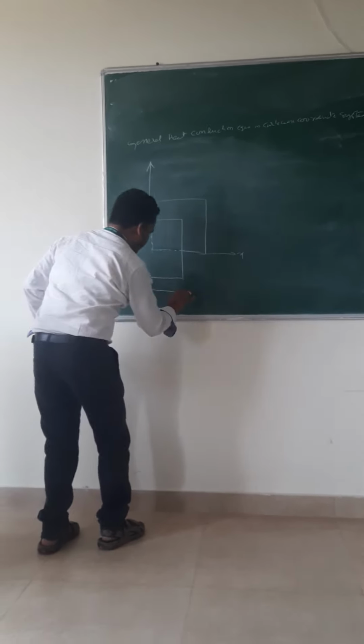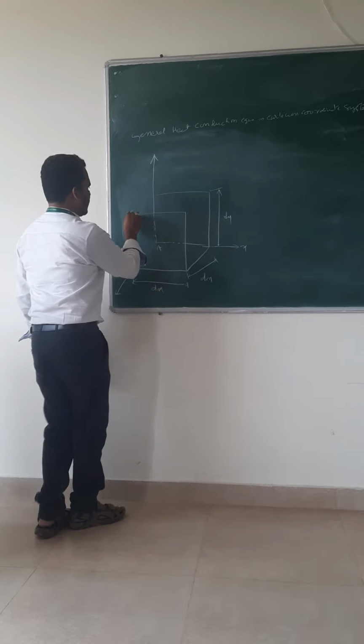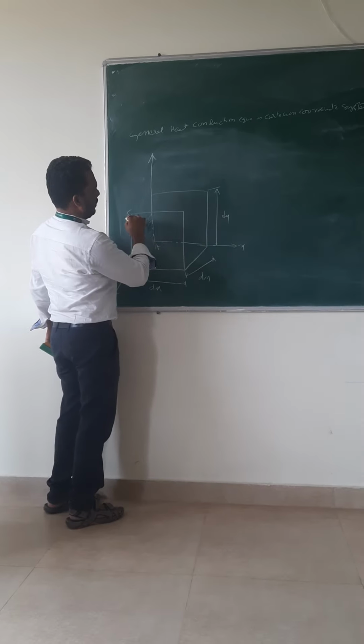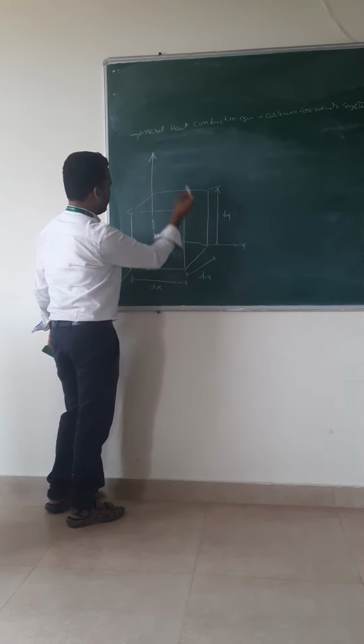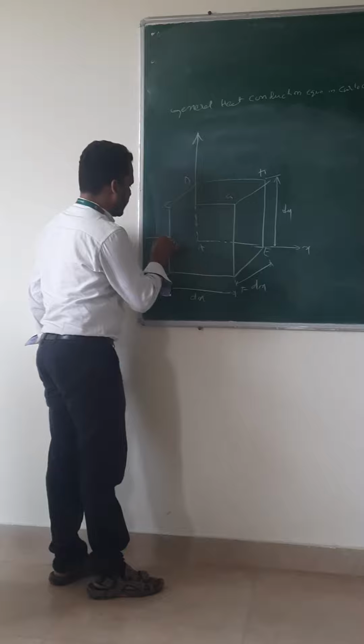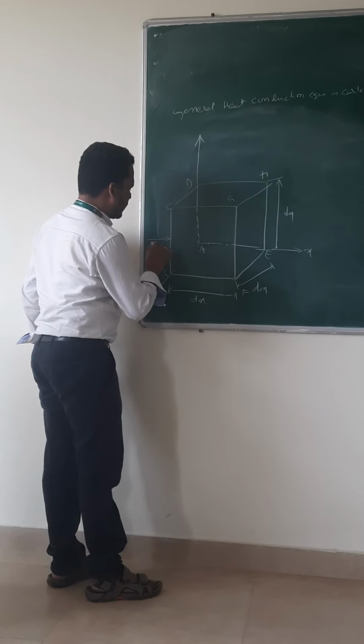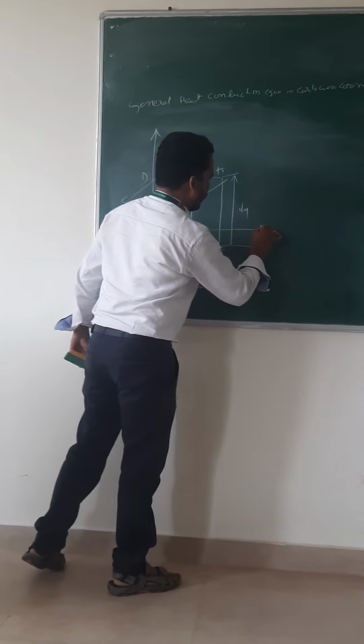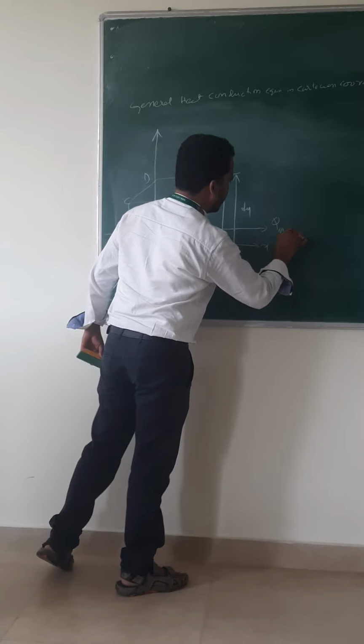The face ABCD is sometimes called the left hand side face, and face EFGH is the right hand side face. Heat flowing in from this side is generally considered as Qx in the x direction, and leaving the volume is Qx plus dx.